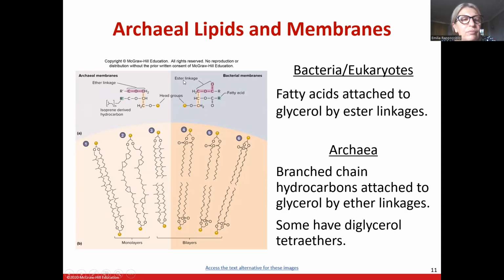With the archaea, you have an ether linkage. With the bacteria, you have an ester linkage, so there is a carbonyl group here with a double bond with the oxygen that is not present here. You can have isoprene-derived hydrocarbons in archaeal membrane, and the head group is the charged group, but the charged group can be something different than phosphate.